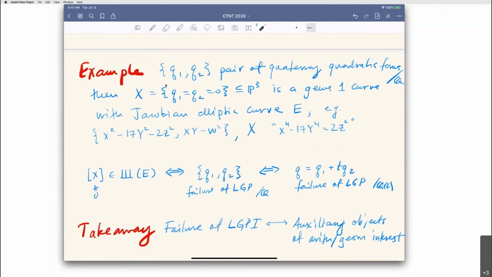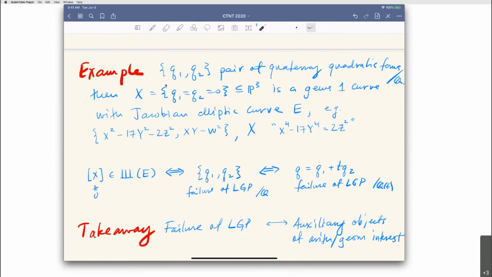But this is what I wanted to say: the takeaway of this connection between geometry, the Tate-Shafarevich group and quadratic forms is that the failure of the local-global principle for quadratic forms seems to be related to, or controlled by, some type of auxiliary object of interest.